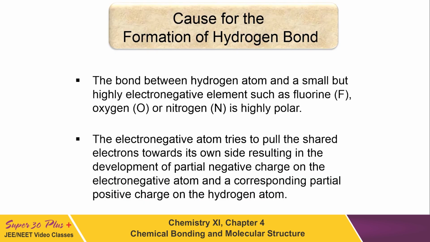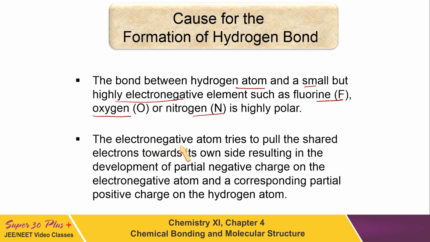Now, what do you think? What are the causes which form the H bond? The bond between a hydrogen atom and a small but highly electronegative atom such as fluorine, oxygen or nitrogen is highly polar.